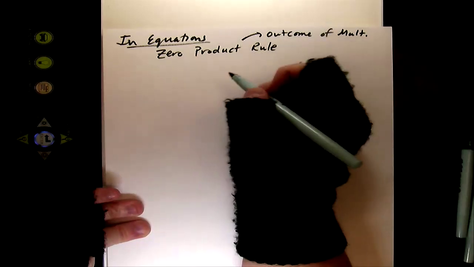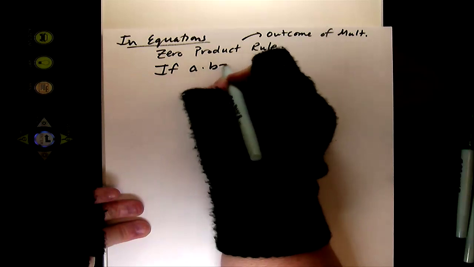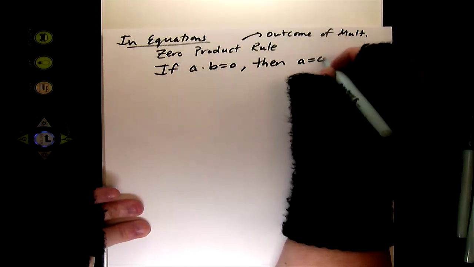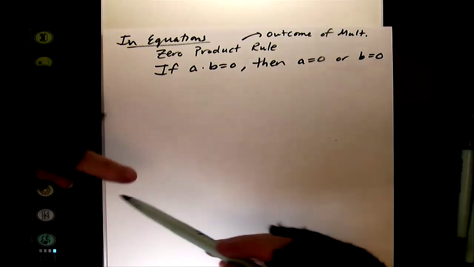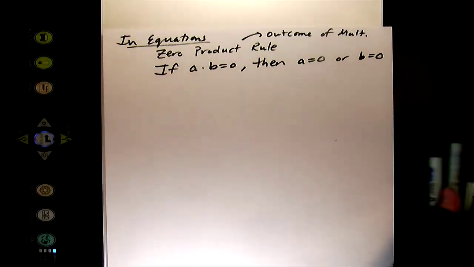Which means the outcome is 0. The rule is if A times B equals 0, then A equals 0 or B equals 0. Simple premise. It's what we use to solve a lot of quadratic equations. Solve a lot of equations this way.